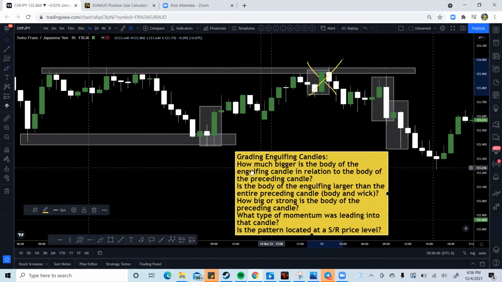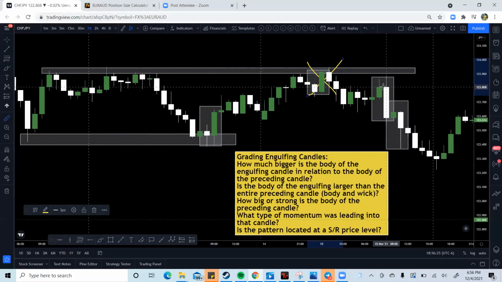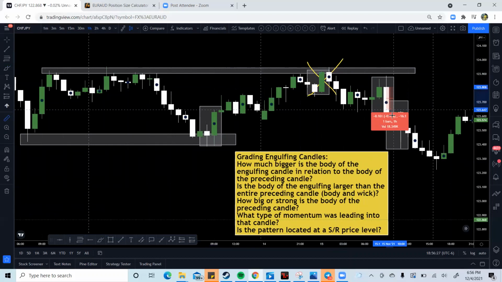Go back to our grading. Now, how much bigger is the body of the engulfing candle in relation to the preceding candle? You can tell it's about 3 times bigger. Second, is the body of the engulfing candle larger than the entire preceding candle, the body and the wick? Yes. You can even use the pips, whether you're on MetaTrader, and I'll show you how to use that in a later video, or TradingView.